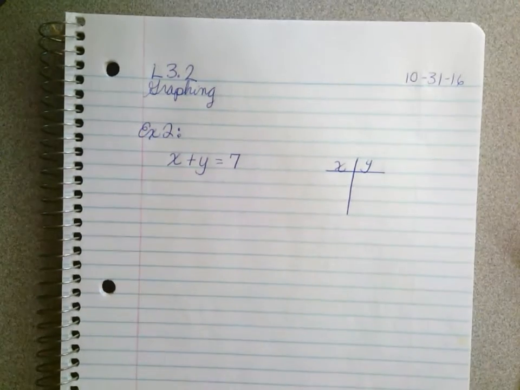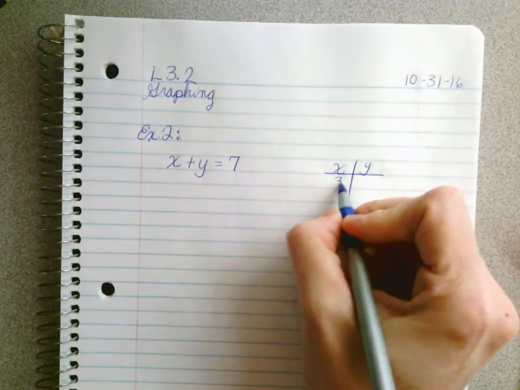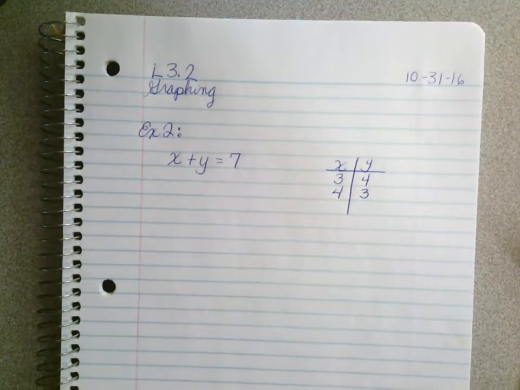And by the way, whenever you are simply using logic to try and figure these out, don't make the graphs super huge. I wouldn't necessarily use 0 and 7. You could, but you might not want to. I would use maybe 3 and 4 and 4 and 3.